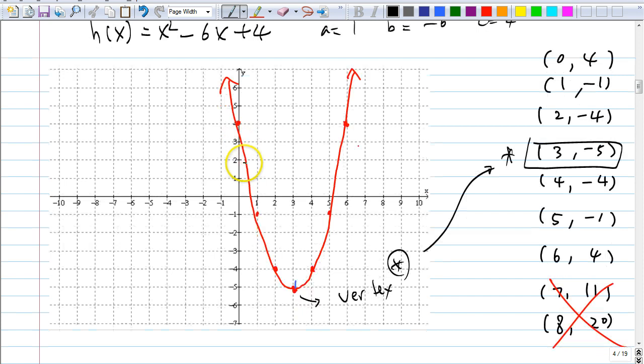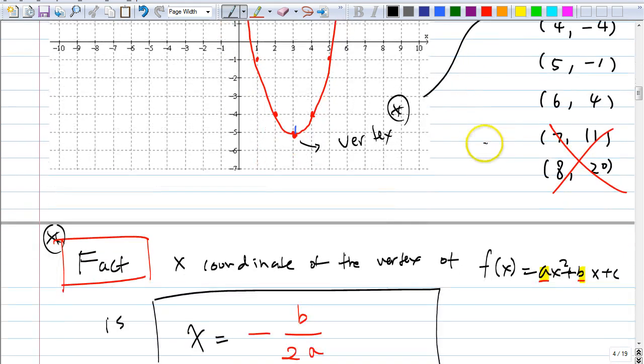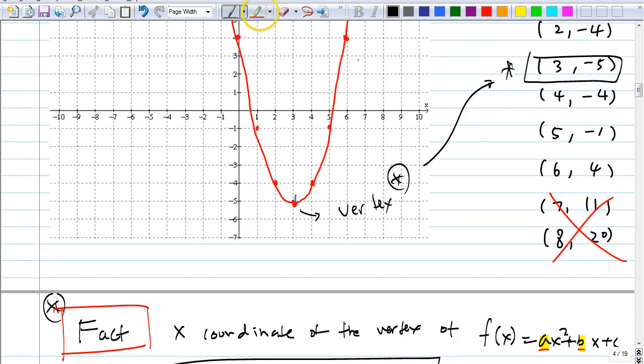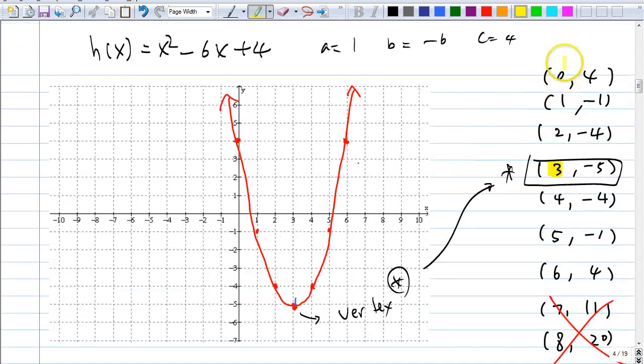Okay, so let's see if it works out. I want to know whether, if we plug into that formula, the x coordinate of the vertex, which is right here, comes out to 3. Does that make sense? Let's plug it in. The x coordinate is negative b over 2a.